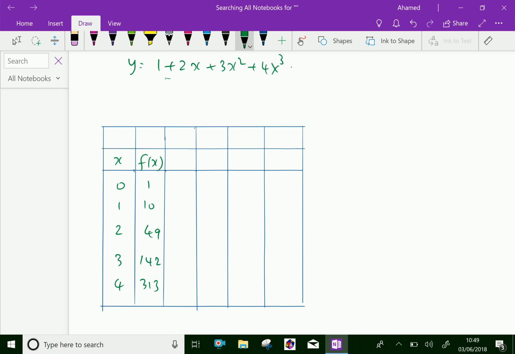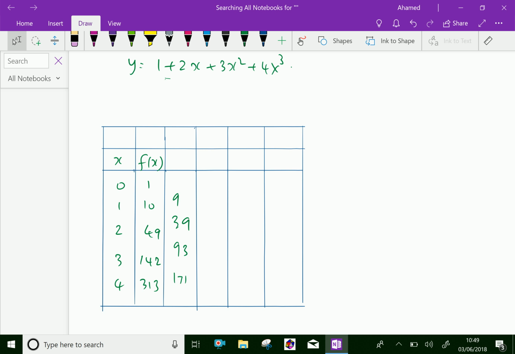Now the first difference: 10 minus 1 is 9, 49 minus 10 is 39, 142 minus 49 is 93, and 313 minus 142 is 171.